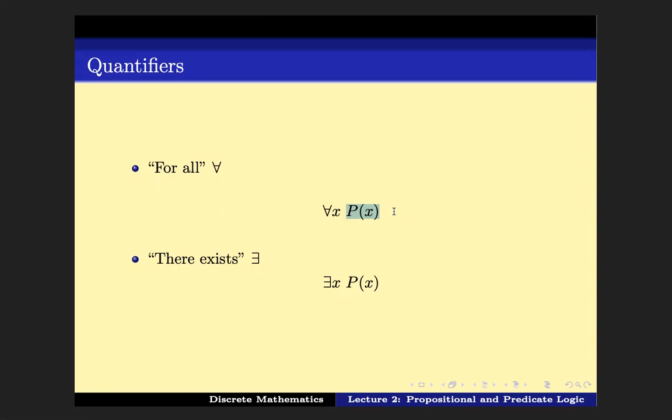For example, if I say n square minus 1 is not a prime, is this statement true or false?